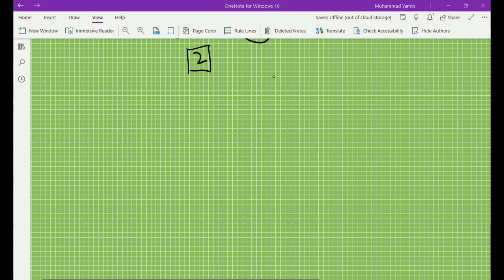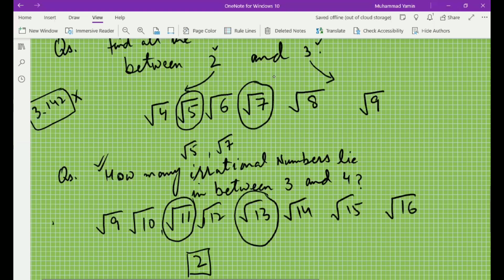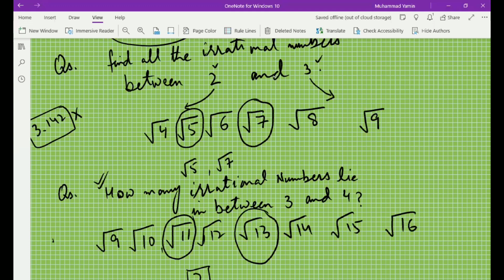Yes, beta. Whenever we do this question, find all the irrational numbers between 2 and 3, what you have to do is take the boundary numbers and first write them in their rooted form. If 2 and 3 are there, 2 can be written as square root of 4, 3 can be written as square root of 9.